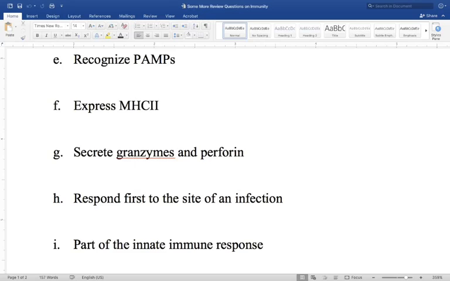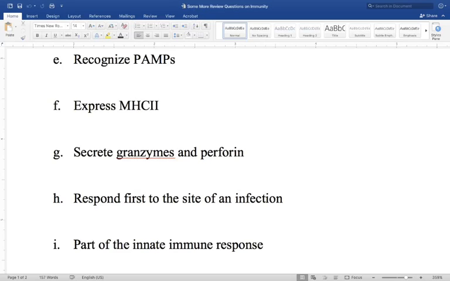Anybody recall what a PAMP is? Lipopolysaccharide would be an example. Cell wall, peptidoglycan. Okay, peptidoglycan could be an example. Teichoic acid could be an example. These are general features that we find on multiple pathogens.